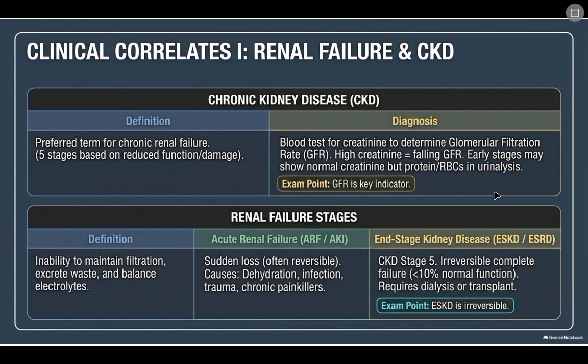So when this is happening, that means your GFR is not working, which simply means there will be high creatinine, and this is chronic kidney disease. Just have it in mind: chronic kidney disease is when the GFR is failing, or there is the presence of protein in urine or in urinalysis.